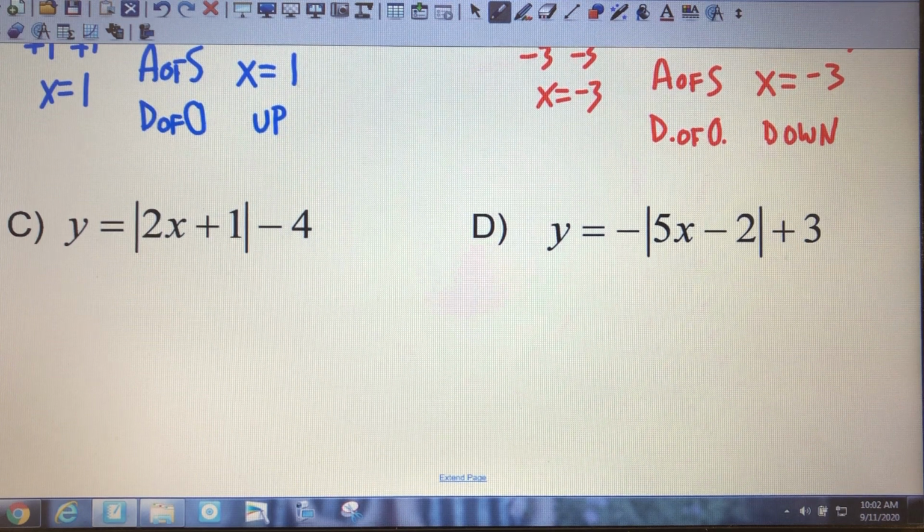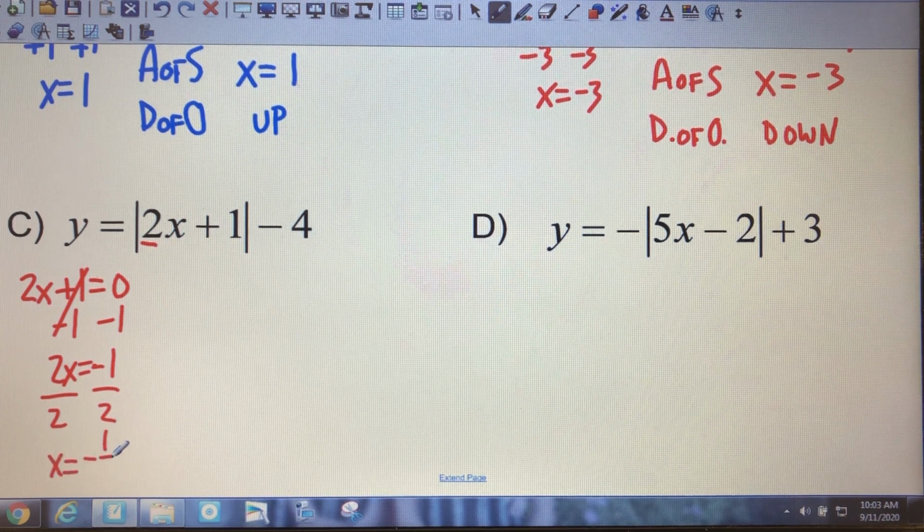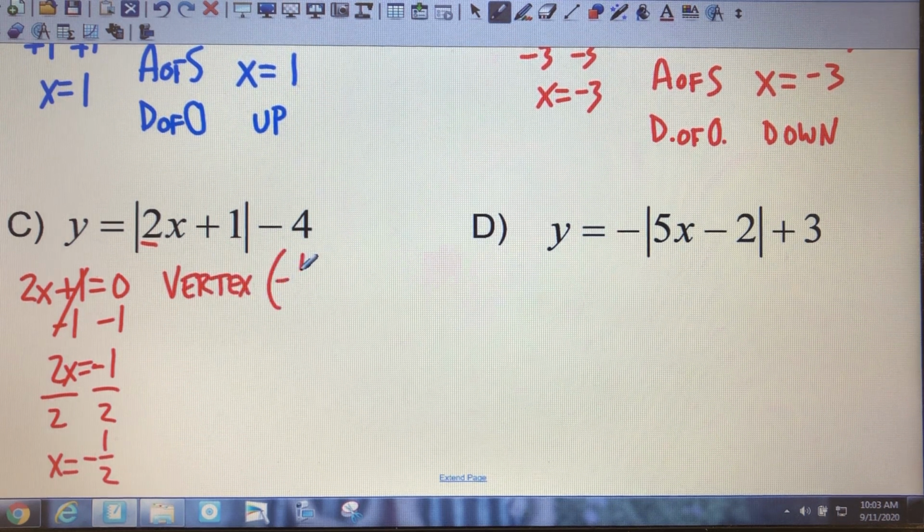Now it's getting a little more challenging because we got that 2 in front. So that's kind of like your slope, your M. So again, set that inside equal to 0. Solve for x. And this time we get x equals -1/2. So that means your vertex here is going to be -1/2, comma, -4.